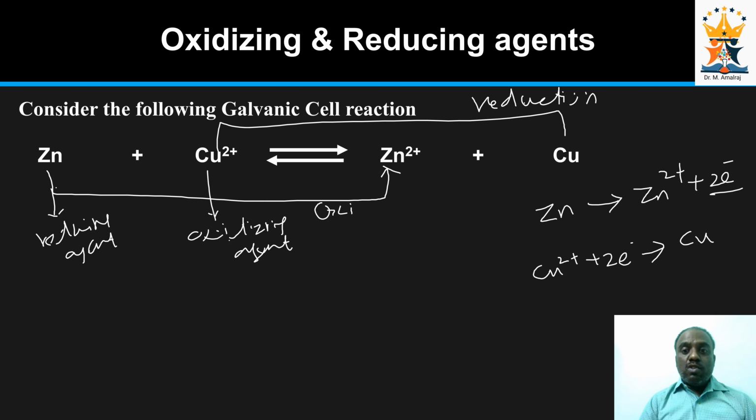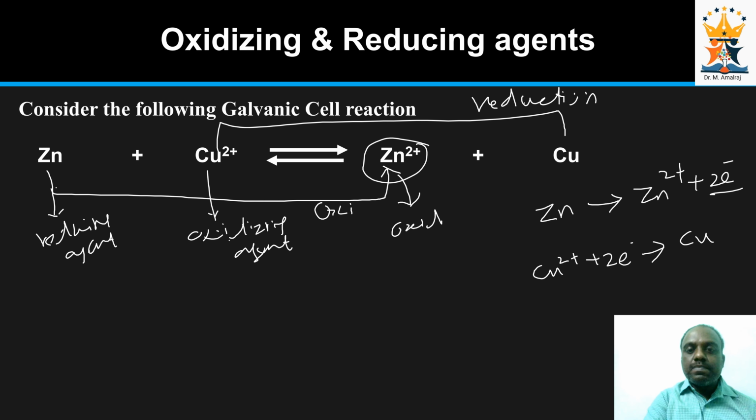Now let us look at the reverse reaction. In the reverse reaction, zinc 2 plus is getting reduced. Hence zinc 2 plus is said to be the oxidizing agent. And copper is getting oxidized in the reverse reaction and hence copper is said to be the reducing agent.